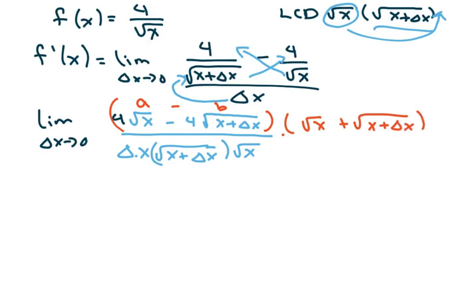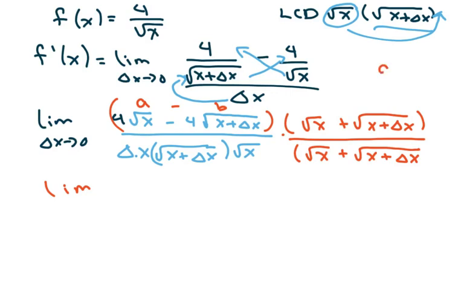You could put the 4's in, it just makes it messier later on. And so I also have to multiply the denominator by this. The numerator, therefore, becomes simpler because that's just going to be a squared minus b squared.